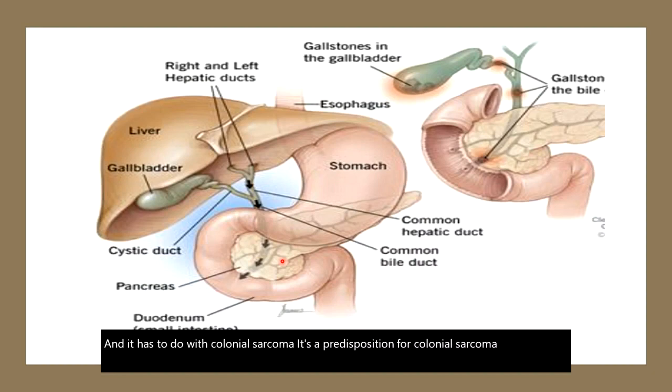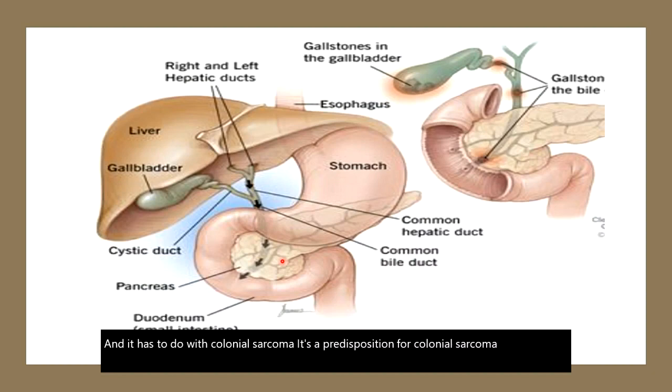And also some stones are formed of cholesterol. Not all stones are formed of cholesterol. We have stones that are formed of calcium or other substances. But in the case of cholesterol stones, obesity is also important, and hyperlipidemia.